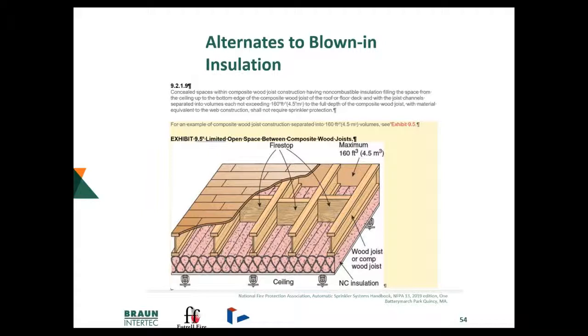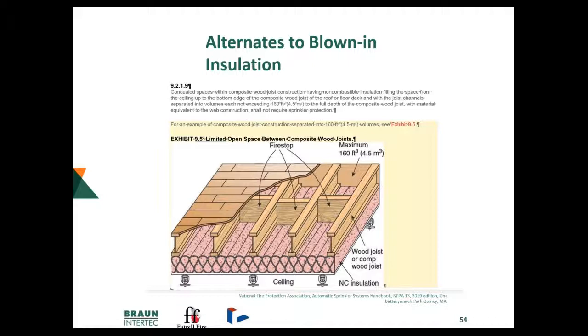Again, here's a little bit better picture of the same thing, concealed space with composite wood joist construction, showing the insulation along the bottom or the ceiling. It shows the sprinklers at the bottom, and then the sprinklers can be avoided inside this space. What's important here, though, is in design build construction, it's often overlooked that the sprinkler system design area has to be doubled, or increased by twice the amount, because the fire can get in the combustible space and continue across where we don't have the sprinkler protection if there's any failure up there.